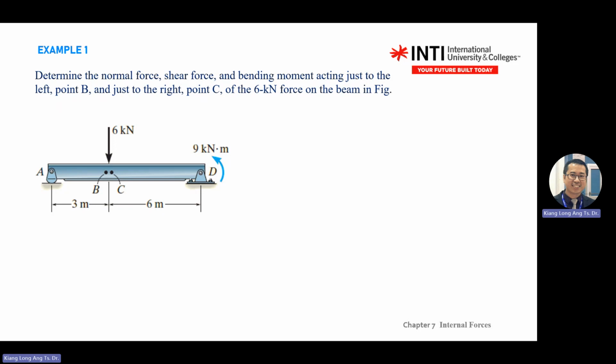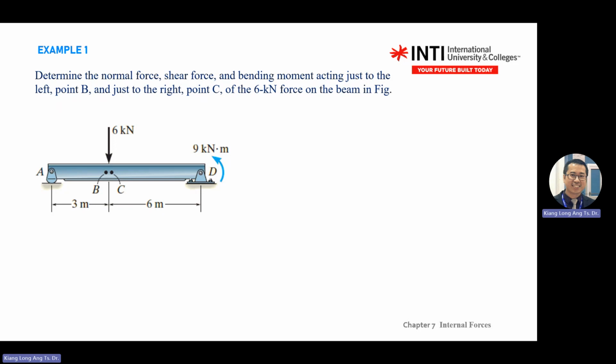For point D, it cannot move left or right, but it can rotate because there's a pin. So you have Dy and Dx. Again, we assume the arrow direction. And there's one external moment there, 9 kilonewton meter, so you just copy.